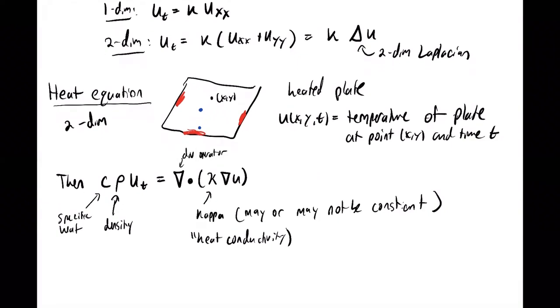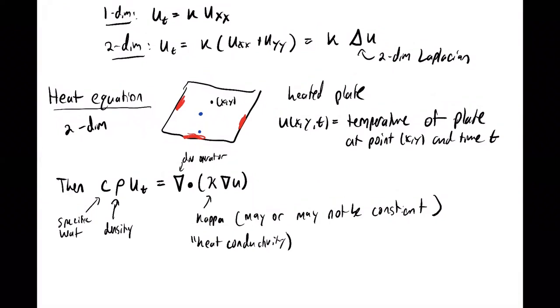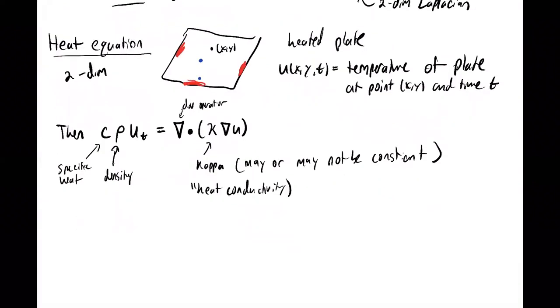And so notice that in the special case, let's see what happens if kappa is constant. It's going to turn out that this equation just reduces to the diffusion equation. So if this is constant, the right-hand side becomes, since it's constant, I can factor it out of the divergence operator. So I just have kappa times the divergence operator applied to the gradient of u.